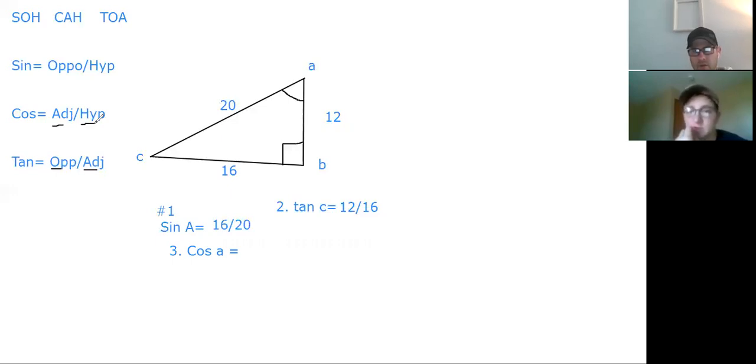Hypotenuse is underneath. What's the adjacent? Remember, adjacent starts with an A, angle starts with an A. So if 20 is always going to be the hypotenuse, what's part of the angle? It'd be 12 over what? 16? Nope, hypotenuse. It's 12 over 20. There you go.